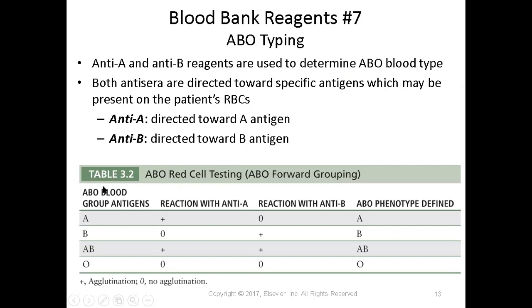So this is table 3.2 from our textbook, which talks about red cell testing, and this is called ABO forward testing. This is a nice summary, and we'll be going over this in our labs as well.